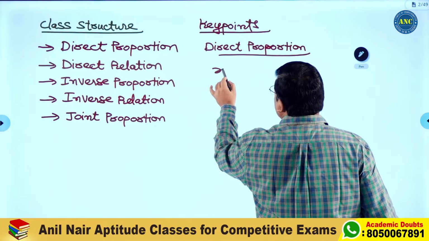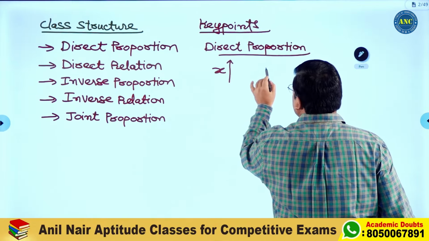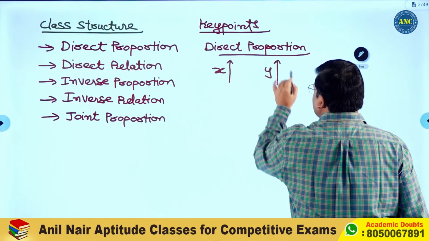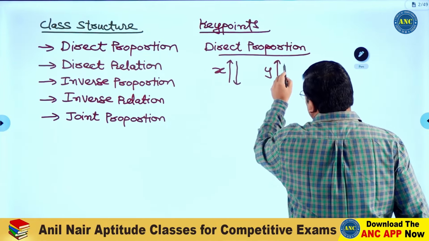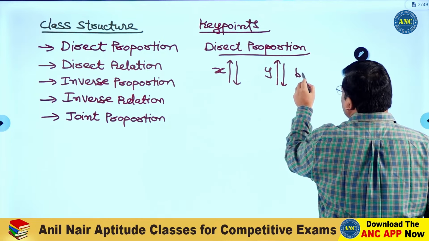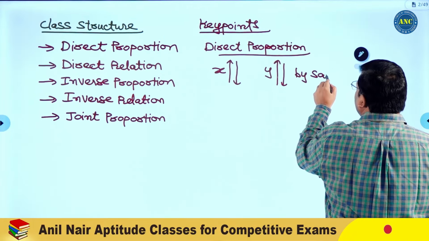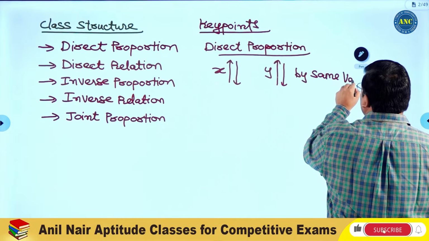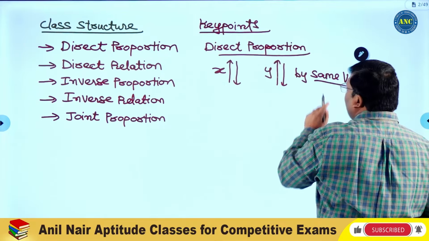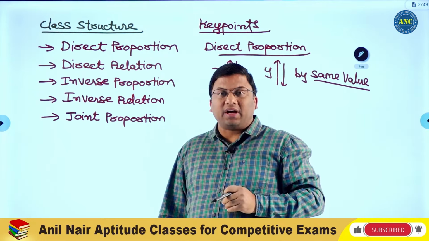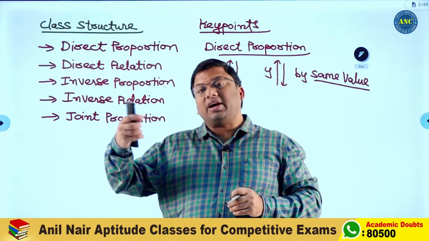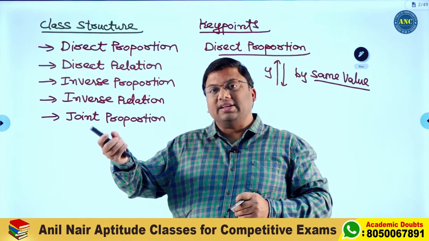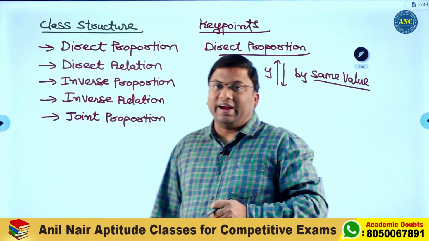Direct proportion says if x increases, y increases by the same value. If x decreases, y decreases by the same value. If x doubles, y also doubles. If x becomes 1/3, y also becomes 1/3. If x becomes k times, y also becomes k times.